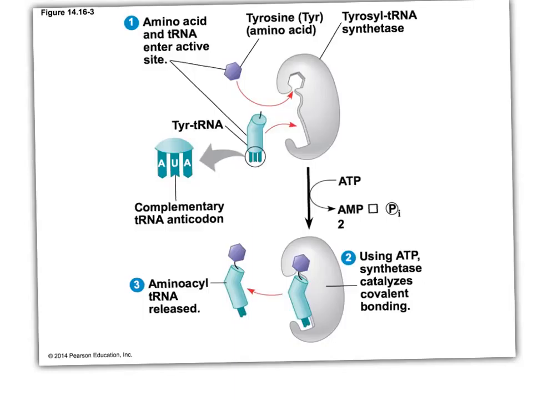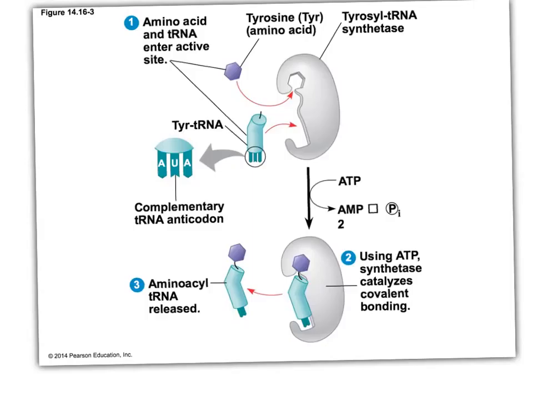So how many tRNA synthetases do you think we need? If there's an enzyme for each tRNA, which then will also bring in the right amino acid, how many enzymes are we going to need?